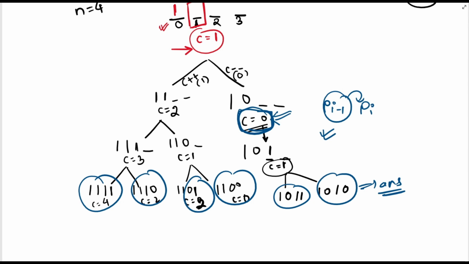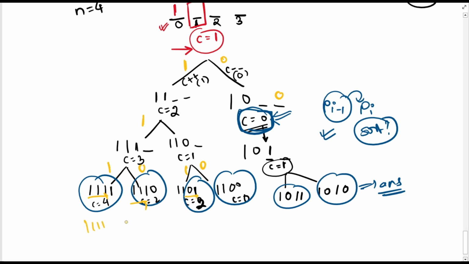And do I need to sort after this? The answer is no, because whenever I am making any combination, the first combination that I am going to try is 1 and then 0. Then 1 and then 0, like this. So that is the reason you can see that it is already sorted.